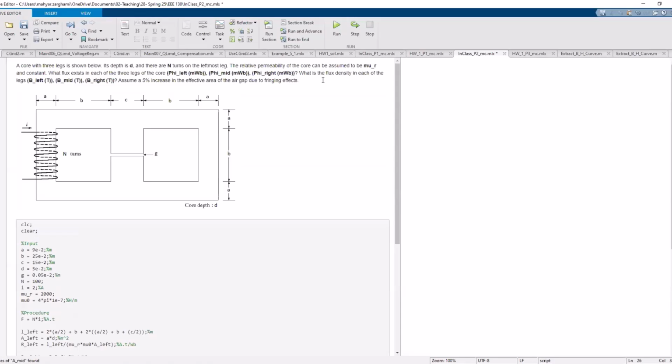Now, we haven't calculated the air gap's reluctance. Remember, for the air gap reluctance, we should also increase the effective cross-sectional area by 5% to account for fringing effects. What does that mean?